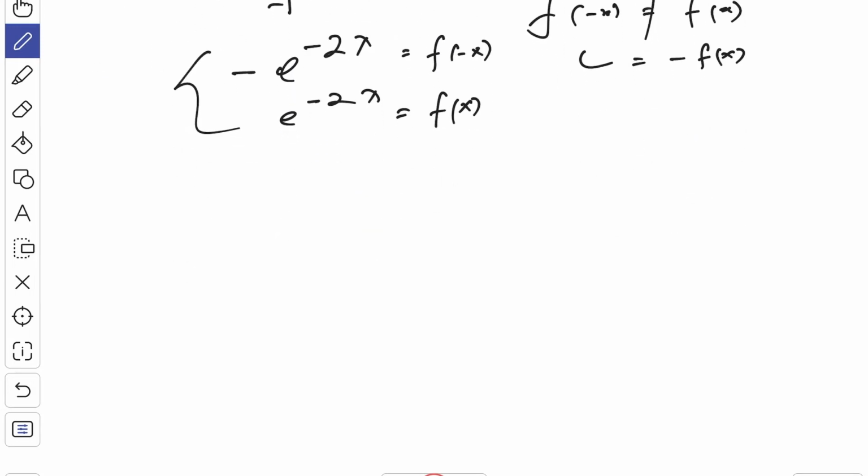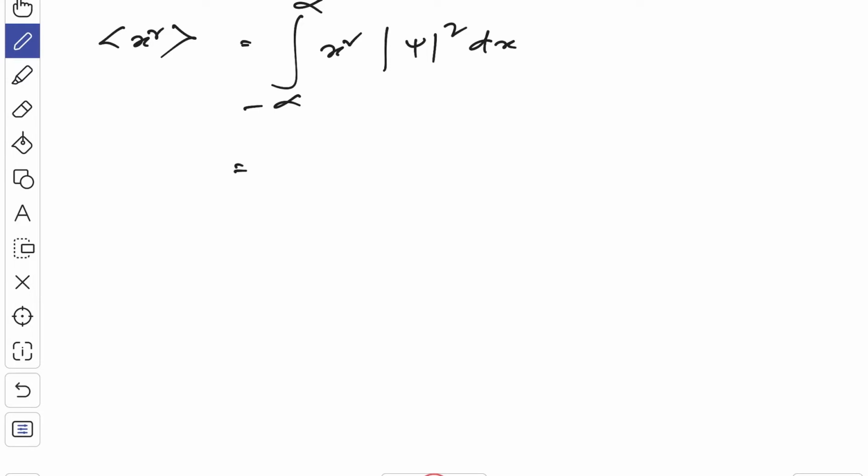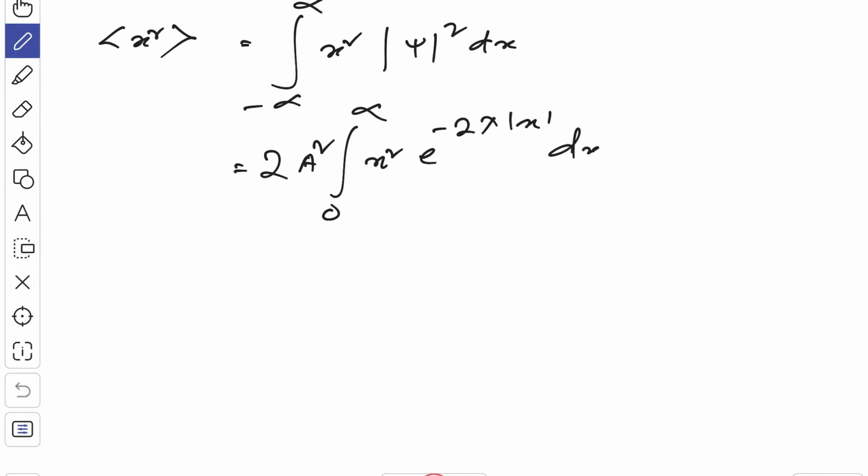Now, how to calculate the expectation value of x square? So that's the integral from minus infinity to plus infinity of x square, then probability density dx. Again what we're going to have here is a square, and if you make the limits 0 to infinity then there will be a 2, and x square e to the power minus 2 lambda mod x dx.